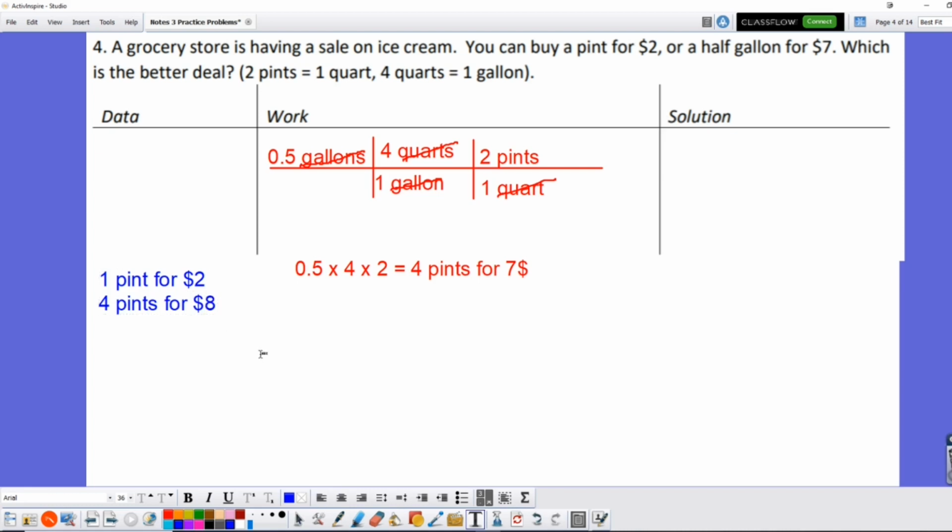So what's the better deal? Technically, if you can eat all this ice cream, the half gallon, the better deal here is the half gallon. So let's go ahead and put that in the answer. Half gallon is the better deal. All right, there we go. That is practice problem number 4.